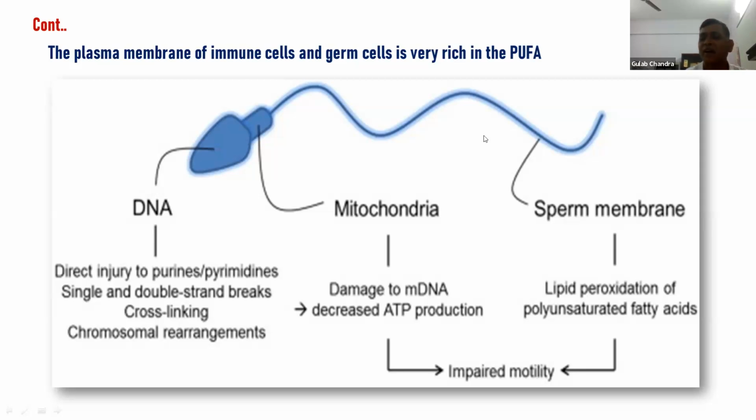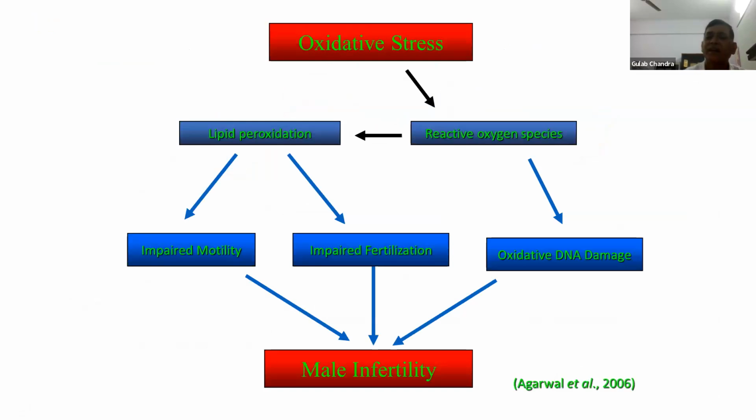This is the plasma membrane found around the tail. This is also damaged, and this causes infertility in males. This is the diagrammatic representation of how free radicals damage the male spermatozoa and cause male infertility.